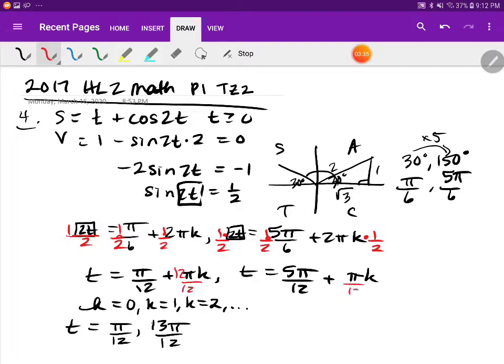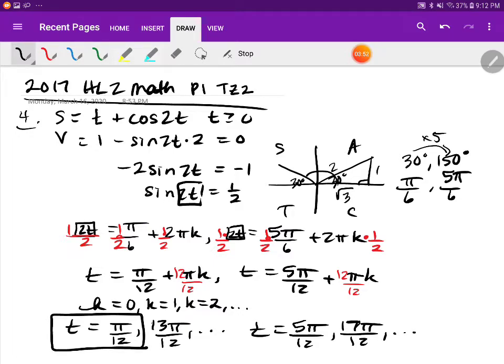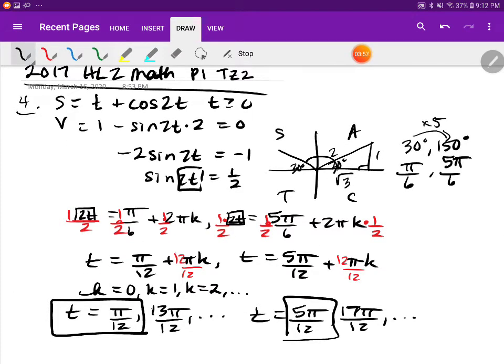And then this one, same thing. If k equals 0 you get this, but then you get 17 pi over 12 if k is 1, and then you get more answers. And so it wanted the smallest answers. So this is the smallest answer, and then 5 pi over 12 is smaller than the 13. So that's interesting. If you didn't do the 2 pi k, you would still be correct.